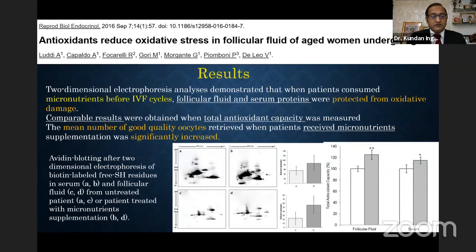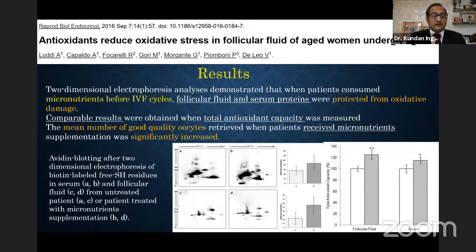Again, a very important part of the drug regime before starting ART is antioxidant supplementation, especially for women who are on the elderly side, because micronutrients before the IVF cycle protect follicular fluid and serum proteins from the damage caused by oxidative stress.